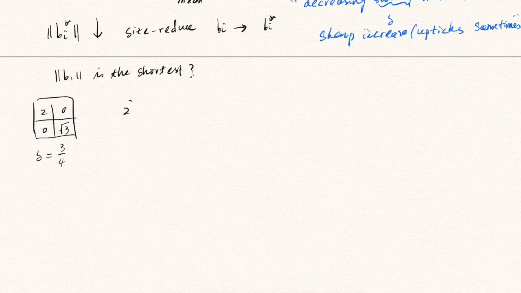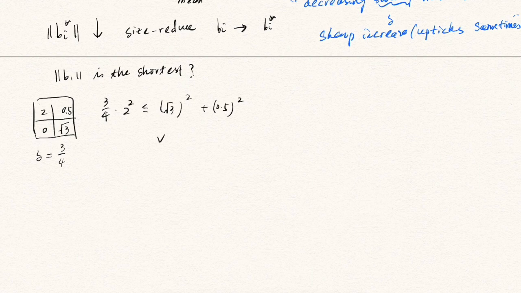We can double check that 2 square is, 4 times 2 square is smaller than, right? So because this is this, we can even say this is 0.5, right? So this is true. Lovász condition is satisfied.